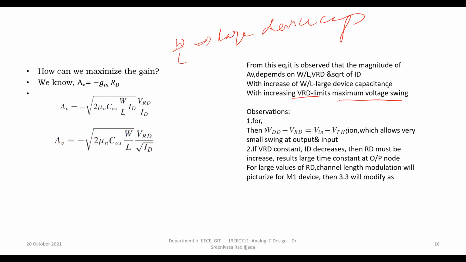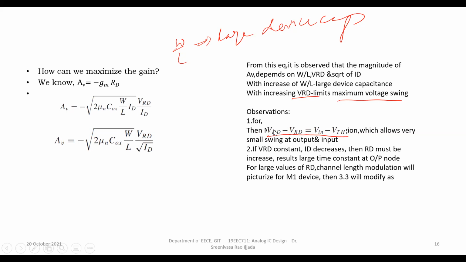The swing is always in between minimum and maximum. So it limits the maximum value of the input. For example, if VDD minus VRD is equal to Vin minus VTH, then it allows a very small swing at the output.